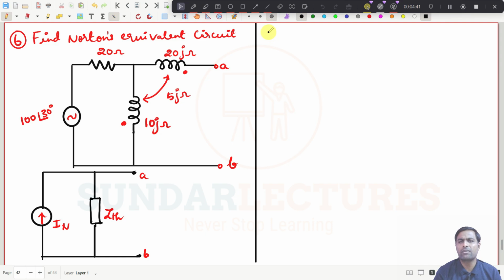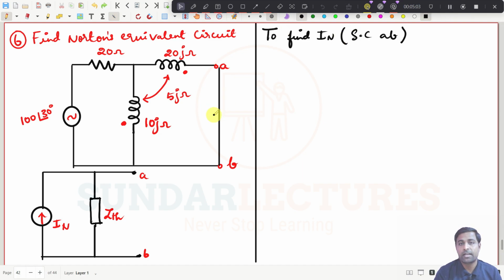To find IN, what is the procedure? You have to short circuit these 2 points, A and B, and find the current flowing here. What is the current flowing here?